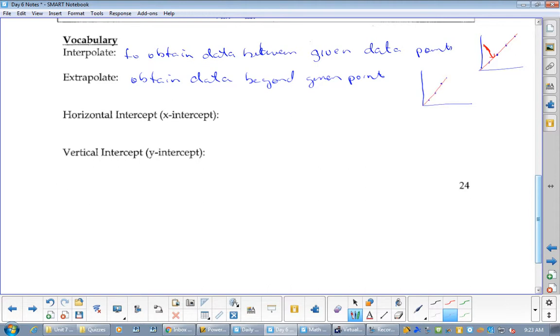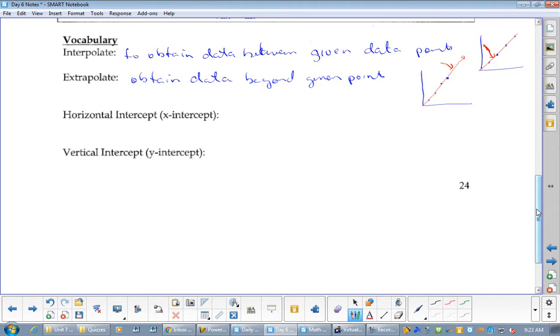Okay, well, we're going to say, hey, I see a pattern. So I'm going to find data beyond my points. Extra, right? Extra. The other one, in the points, extra the points. Okay, that's where it gets its roots from.